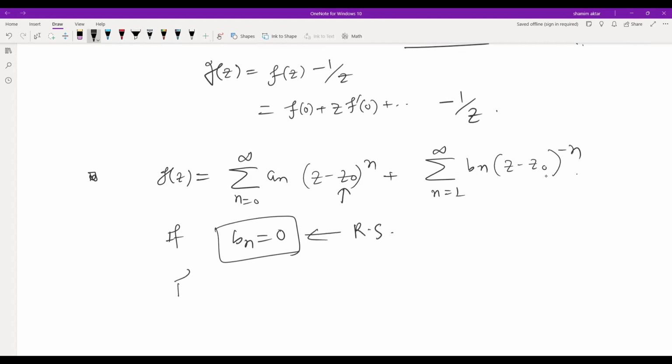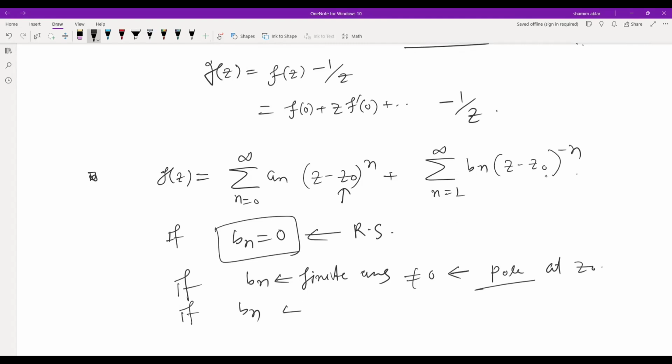And if b_n has finitely many terms that are non-zero, then in this case it is a pole at the point z0. And if infinitely many of the b_n are not equal to 0, then this is an essential singularity at the point z0.